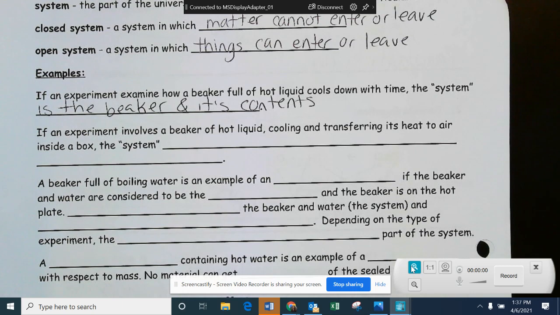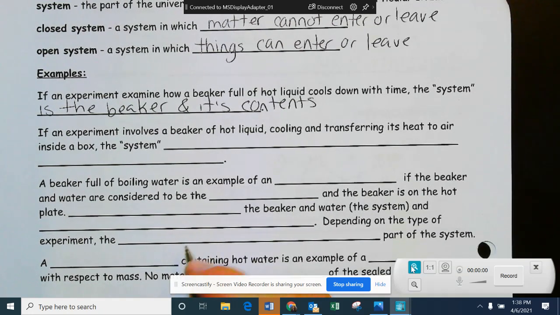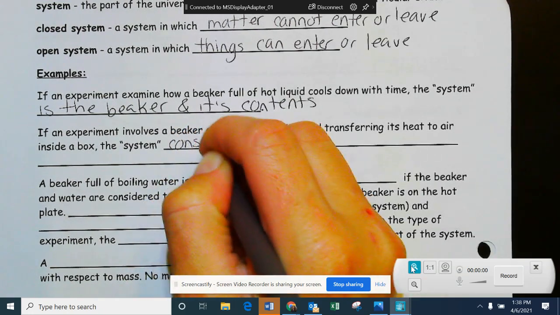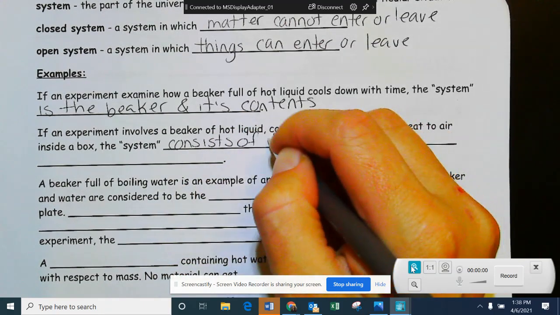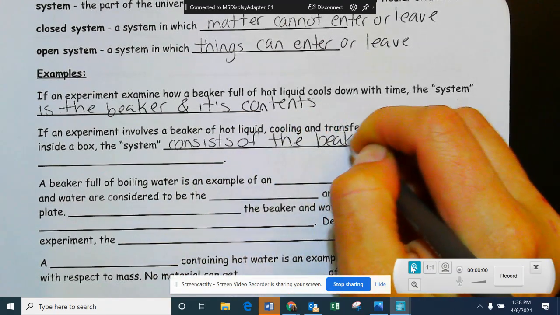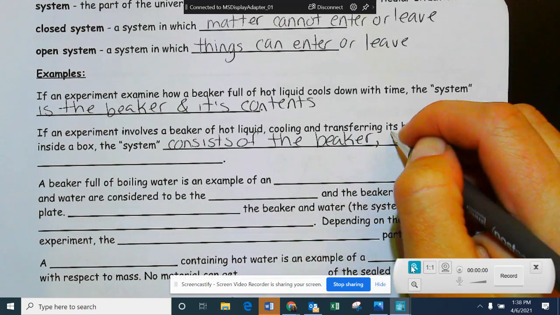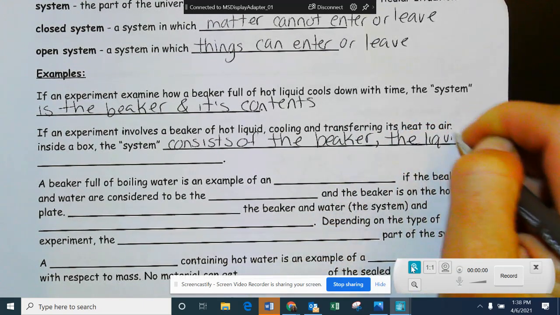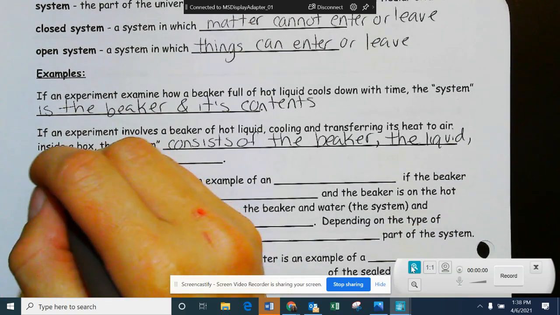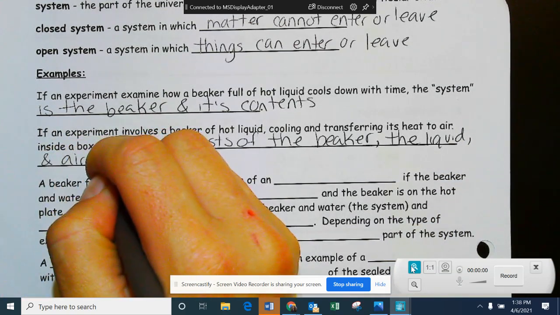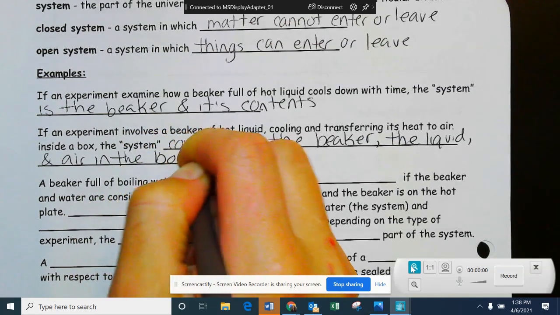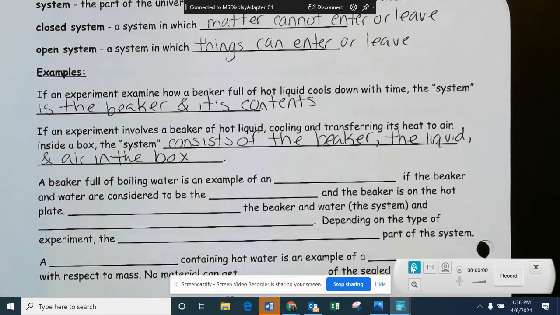If it involves a beaker of hot liquid cooling and transferring its heat into the air inside of a box, so it's just gotten a little bit more complex, the system now consists of the beaker, the liquid, and the air in the box. So the system is widening a little bit.